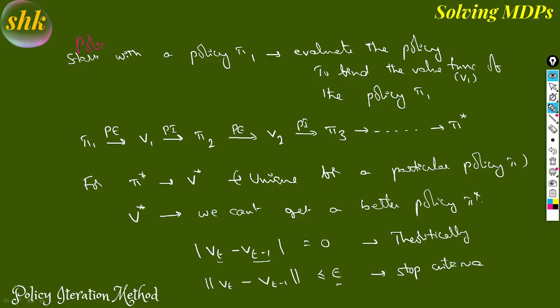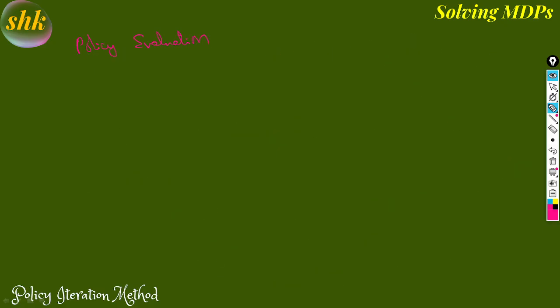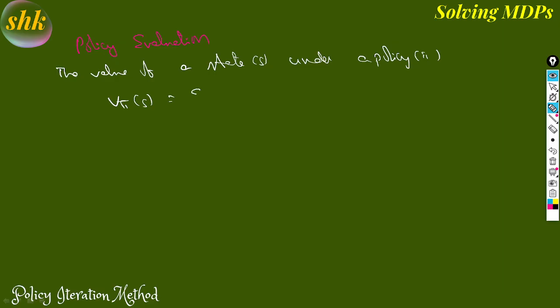Policy evaluation: the value of a state S under a policy pi, we can express as v pi of S. That is, the value function of state S for a policy pi is equal to the summation over all actions of the probability of taking the action in the particular state S, multiplied by the summation over S dash and R of the probability of changing to state S dash with a reward of R from state S with action A, multiplied by the current reward R plus the discount factor gamma times v pi of S dash.